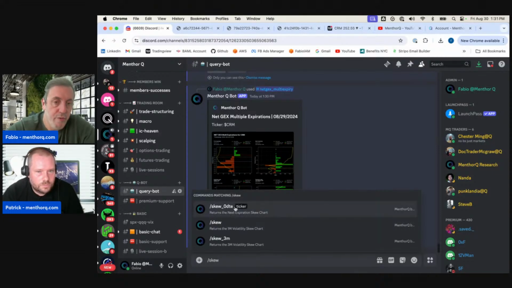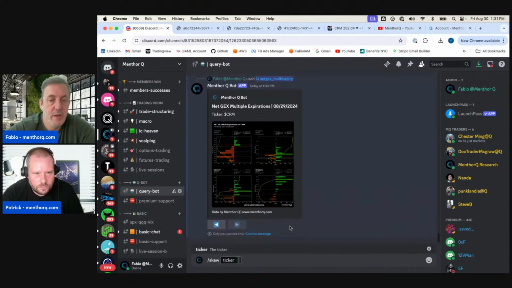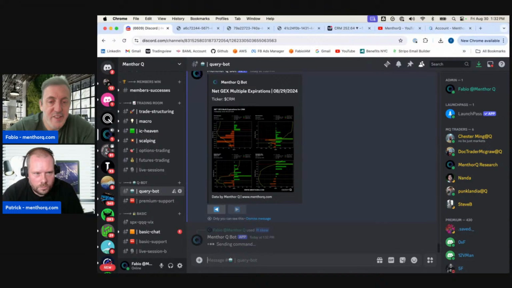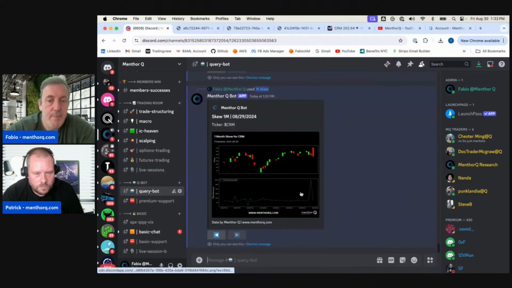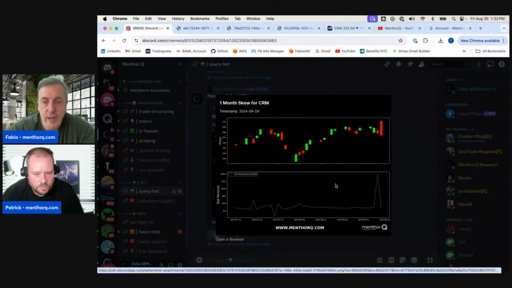If we look at the skew, for example, we have 0 DTE or the next expiration, the 1 month and the 3 months. If you are more of a swing trader, you would probably use the 1 month or the 3 month skew. Then we can open up CRM and look at this. We see a big shift over the past few days, right?